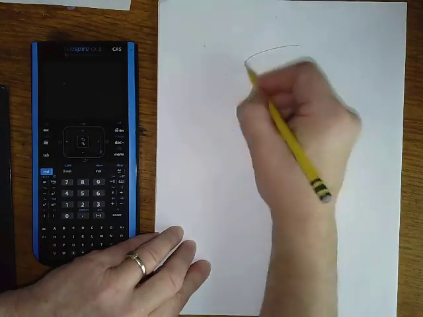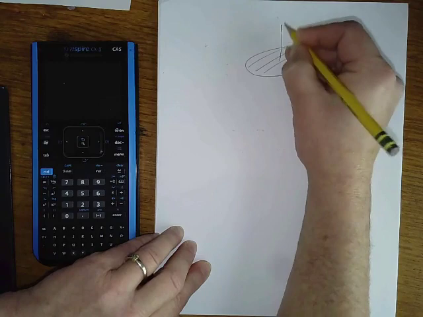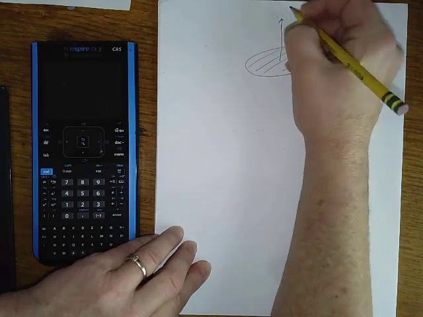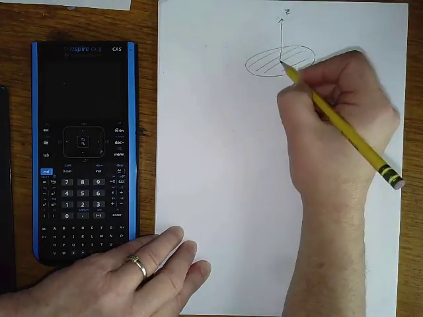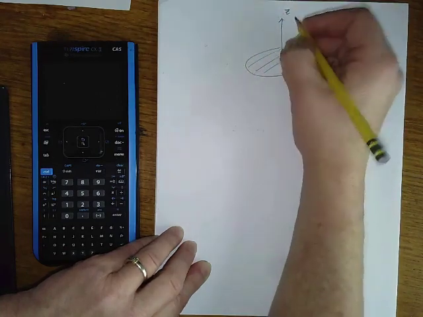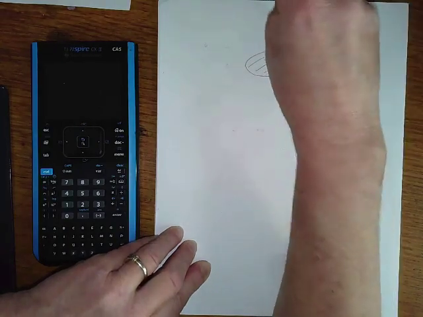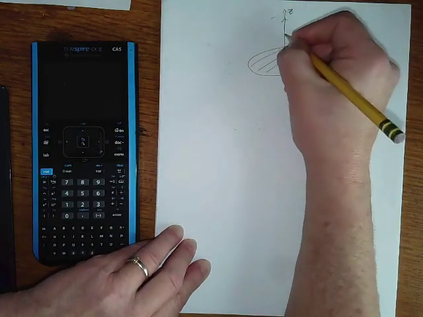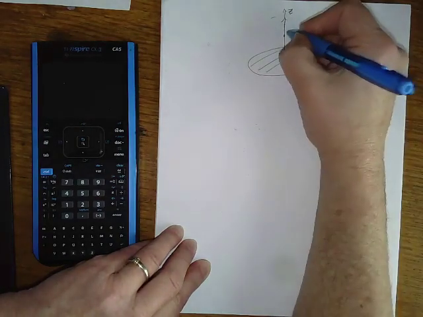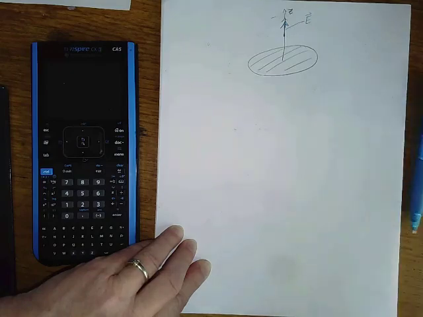So one other thing we could look at is the field from a whole solid disk, at a point above the center on the z-axis, for example. Again, hopefully you see the symmetry in the x and y directions, so all of E would be straight up. Let's just pick a point somewhere here, and the whole E would again be just in the z direction because of symmetry.